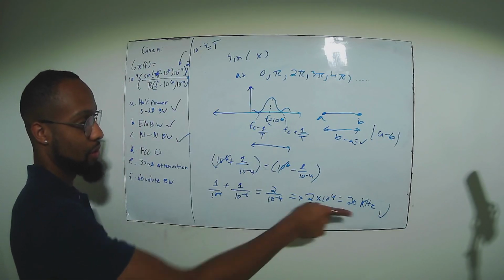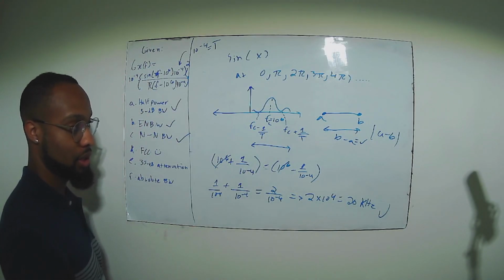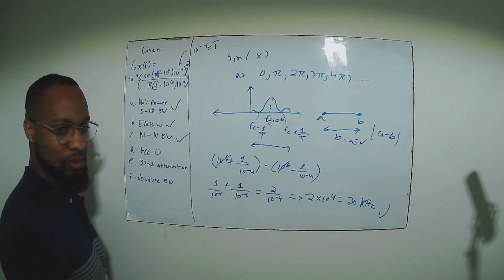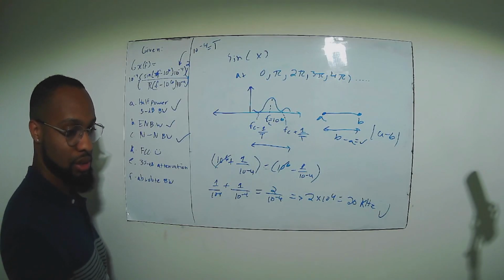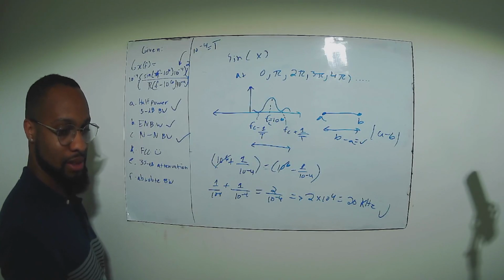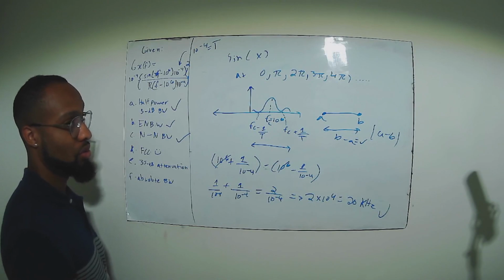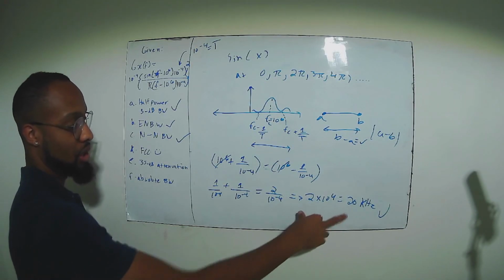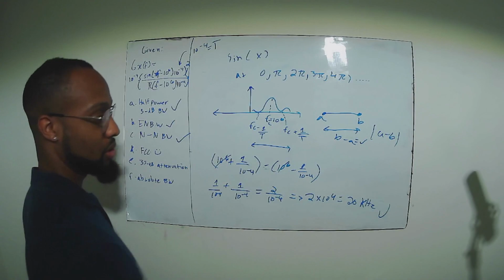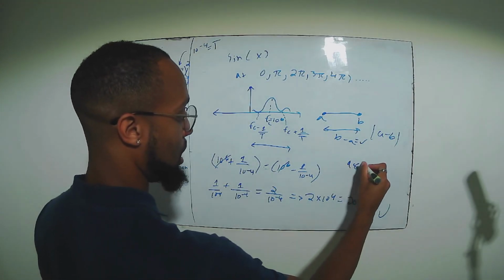But you'll find that 10 to the 6 minus 20 kilohertz gives you, so 1 meg is 1,000 kilohertz, I believe. So 1,000 minus 20 kilohertz ends up being 980 kilohertz.